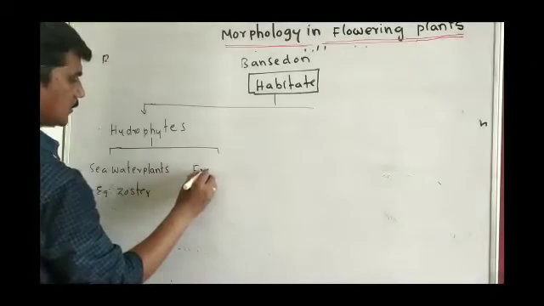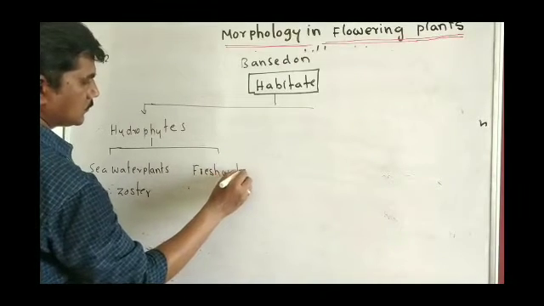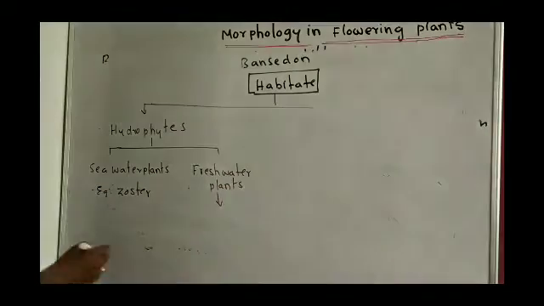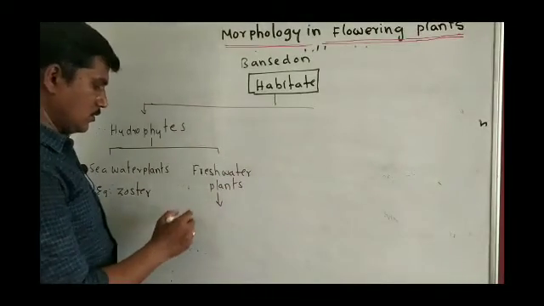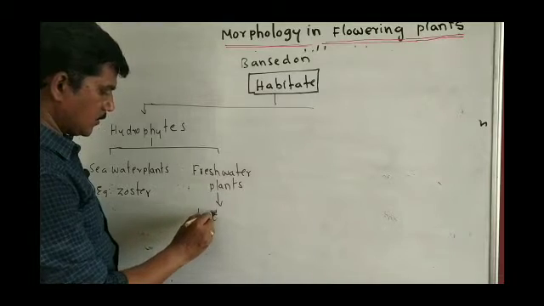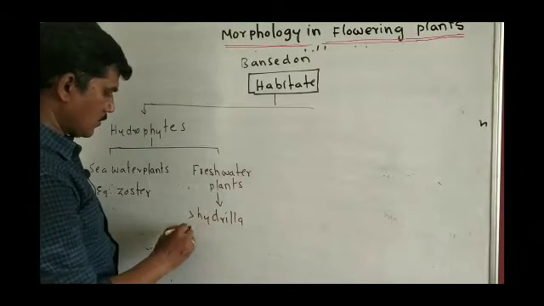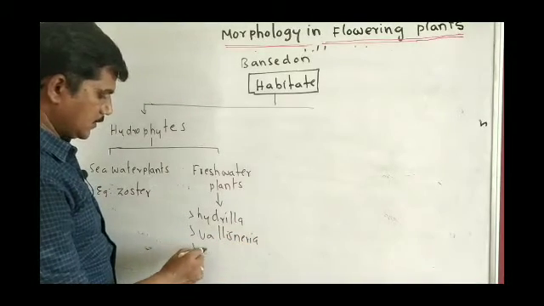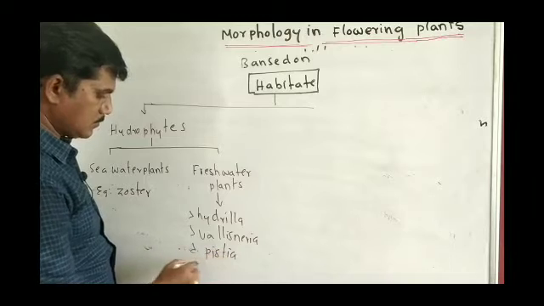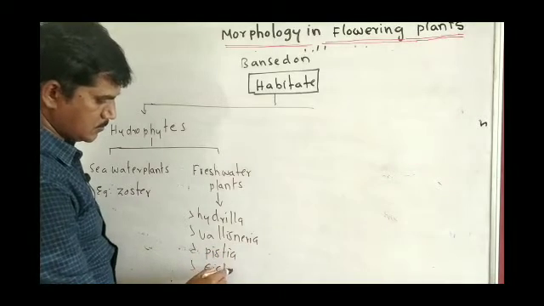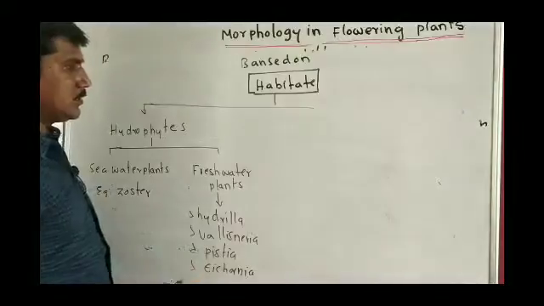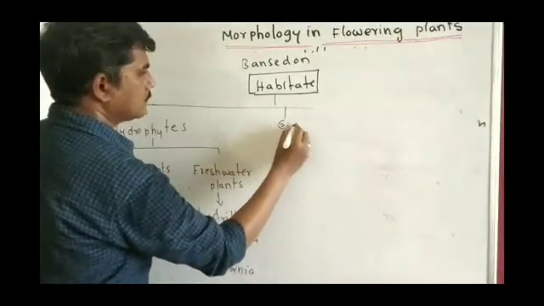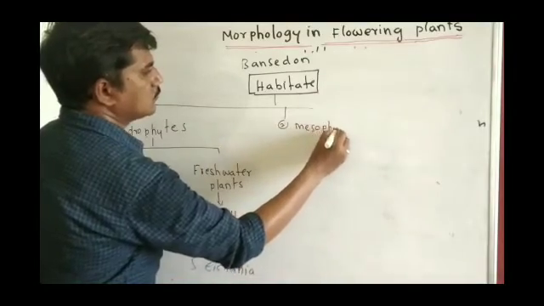And freshwater plants. Many examples there, that is Hydrilla, Vallisneria, Pistia, Eichhornia, Nilambu, etc. Next, second one, mesophytes.